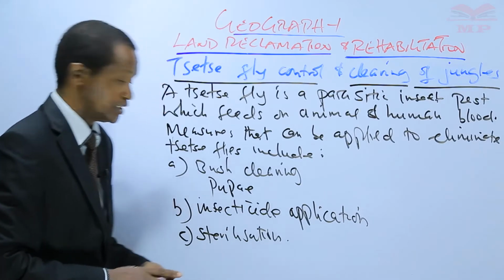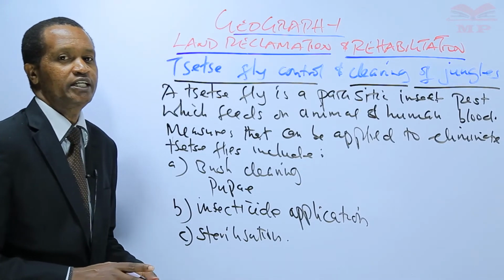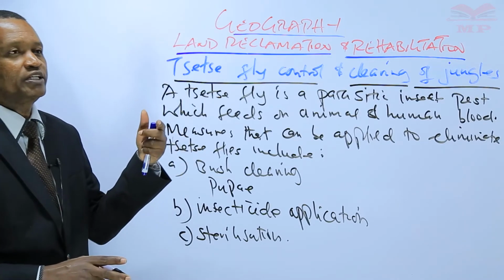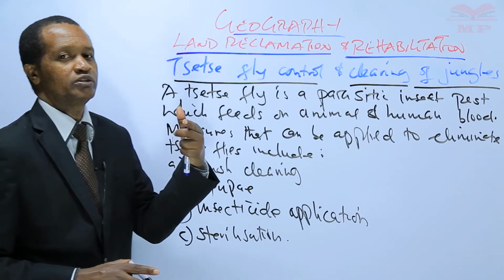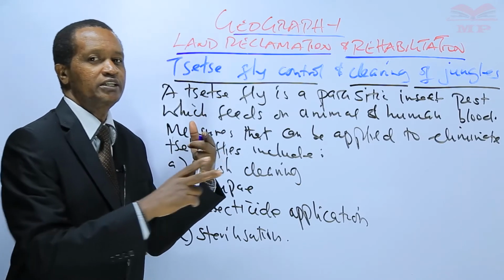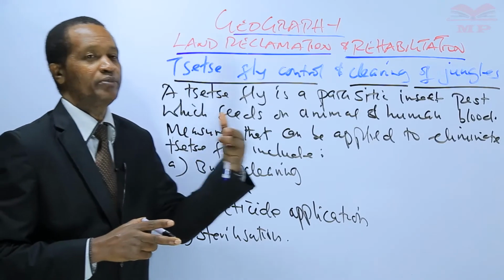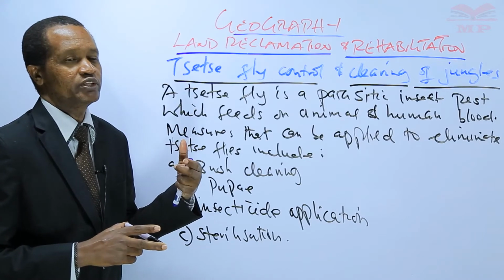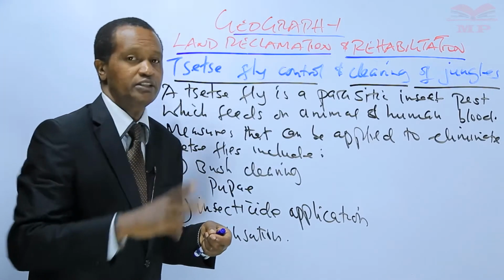Sterilization, learners, is the introduction of sterility in the insect population. It may be done by cross breeding closely related species, which result in sterile males, or by introducing an exotic species into the habitat of the original species.